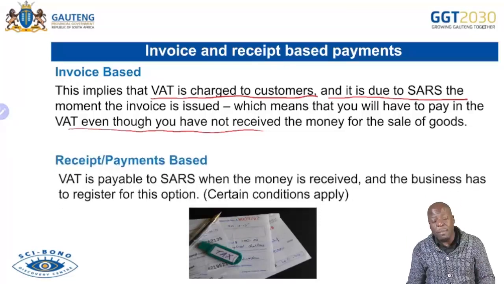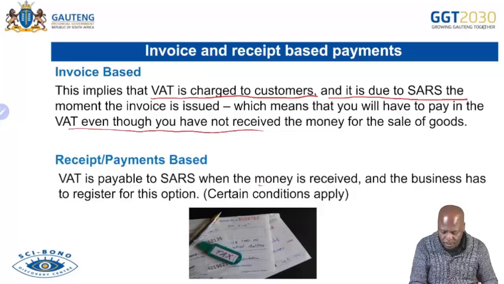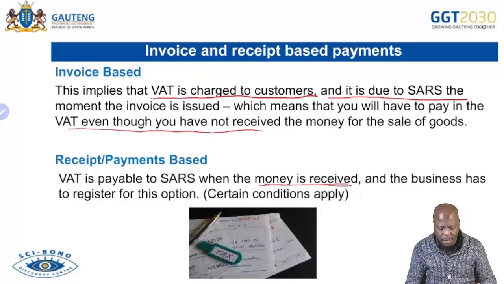The second type of method is what we call the receipt or the payments-based method. Now, VAT is payable to SARS when the money is received. The business has to register for this option, and there are certain conditions which apply.